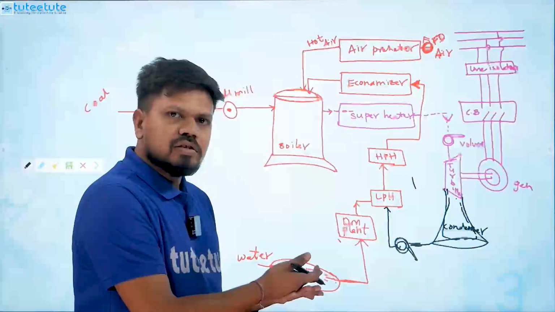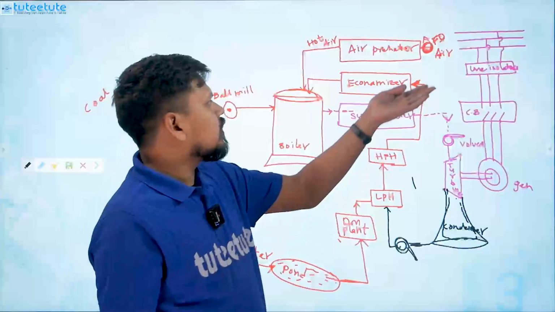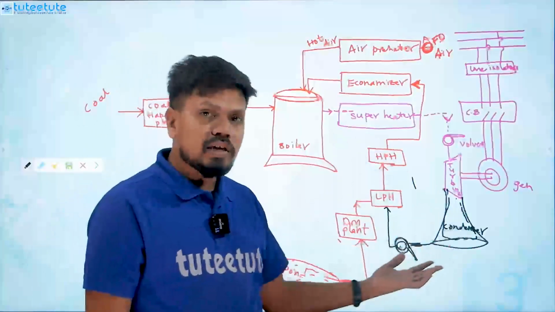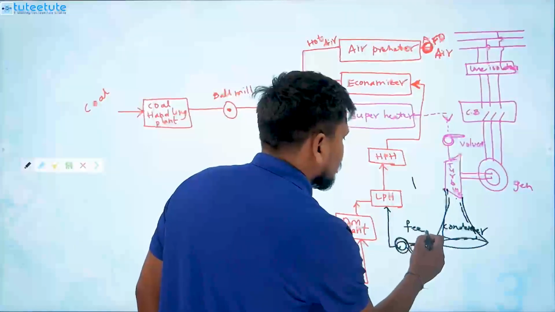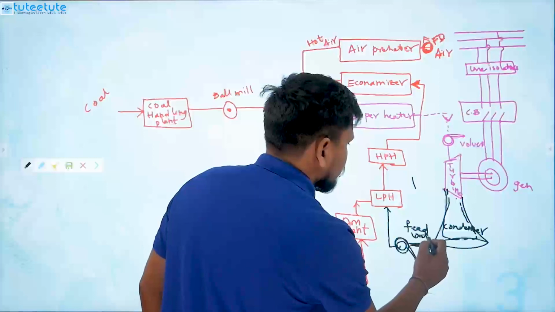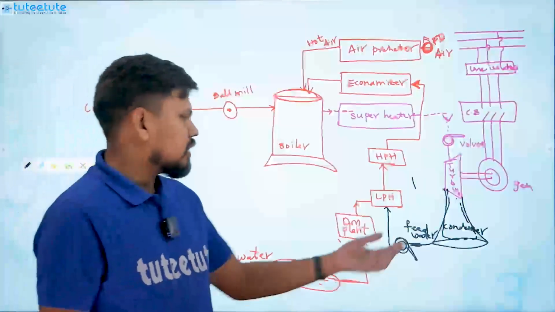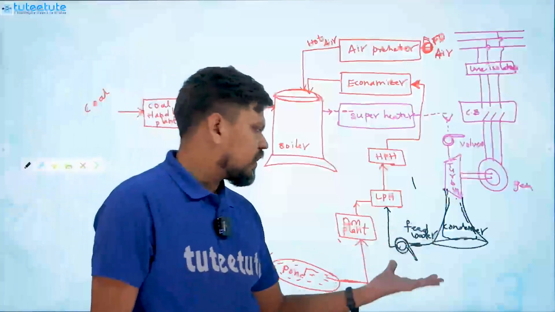So heat will be increased slowly, and again the high pressure heater will increase the heat, and again we will send it into the economizer, and again all these inputs. This is just like a feed water. We can call this feedback water or feed water. So this is feed water at the condenser output. From the condenser we have taken the feedback water, otherwise feed water.